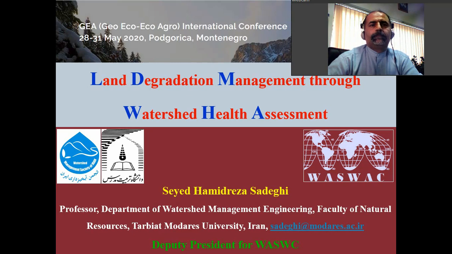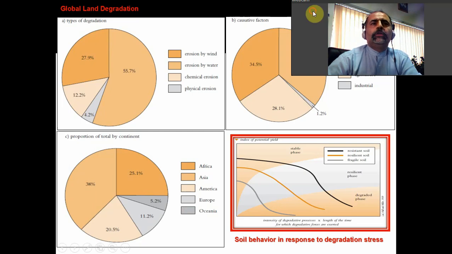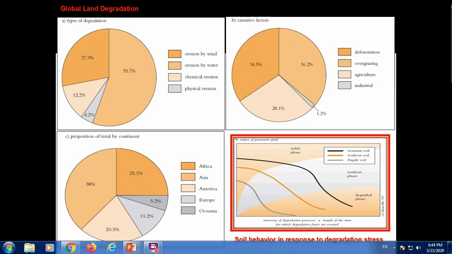Everybody knows about land degradation, and it might not be very new to you, but we have different types of land degradation throughout the globe, mainly due to different types of erosion, which is either made by wind or water, as well as chemical and physical erosion.